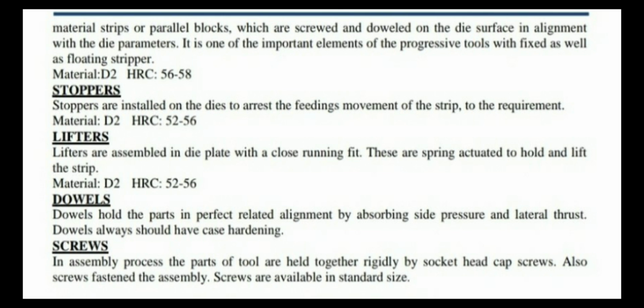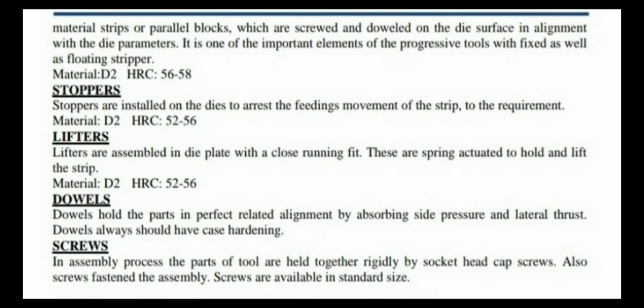Here hardness for this stopper is 50 to 56. Lifters are also an important part. Lifters are assembled in the die plate with the closed running fit. These are spring actuated to hold and lift the strip. Material is D2 and the hardness number is 50 to 56.